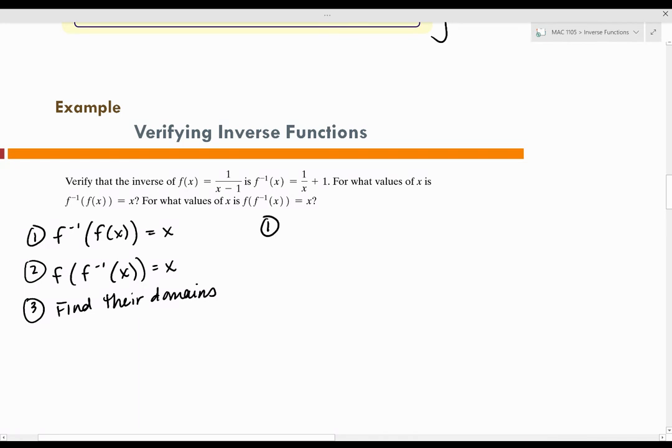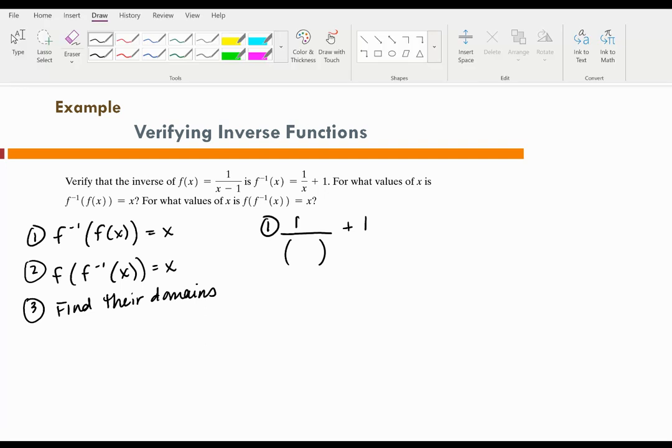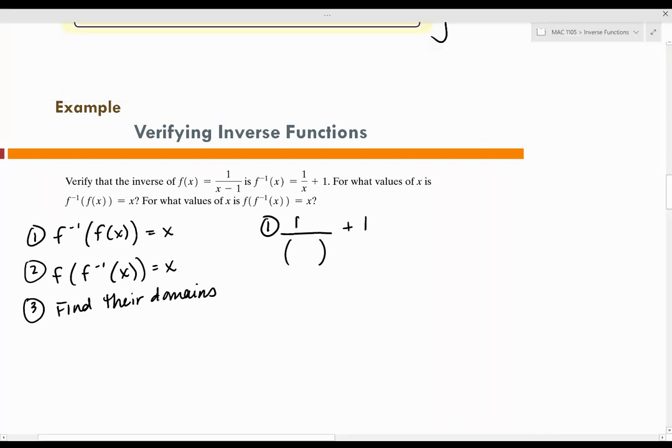So number one says we're going to compose the inverse of the function. That means everywhere there's an x in their supposed inverse, we're going to put f of x. So I'm going to write our inverse, which is 1 over x, parentheses there, plus 1. Where the parentheses is, I'm going to put f of x, which is 1 over x minus 1.